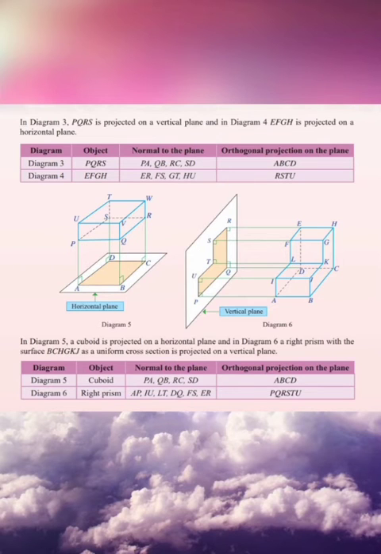The orthogonal projection on the plane of the object is ABCD. Let's look at diagram 6. The object is a right prism. The normals to the plane of the object are AP, IU, LT, DQ, FS, and ER. And last but not least, the orthogonal projection on the plane for diagram 6 is PQRS, DU.